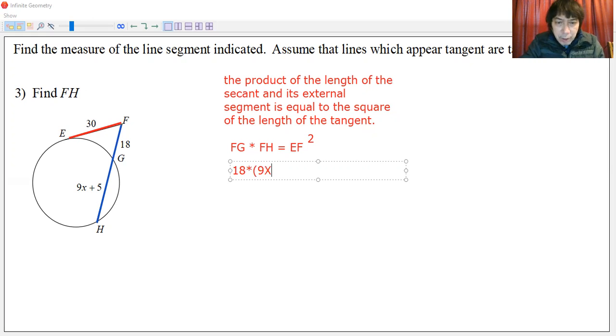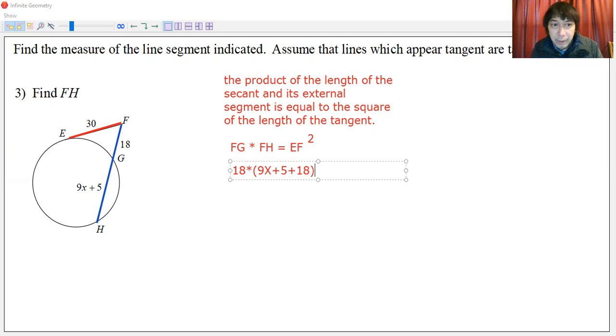It's 9x plus 5 plus the 18, because 9x plus 5 is the length assigned to HG. Now, FH is HG plus FG. So when we express FH, it will be 9x plus 5 plus 18.